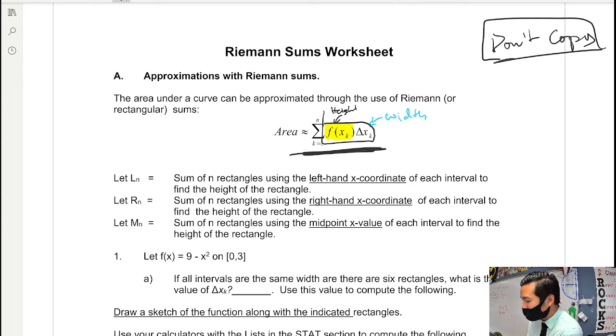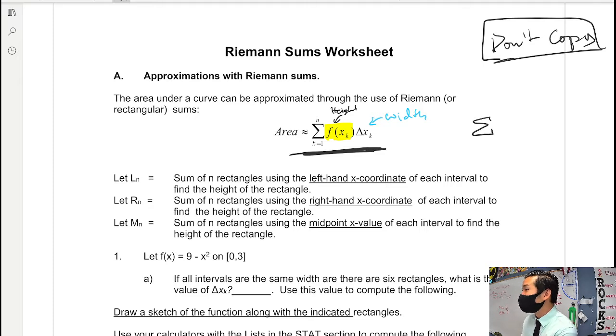Now this new thing over here that you haven't seen before, have you ever seen this symbol before? What's it called? Yes, this is the sum.